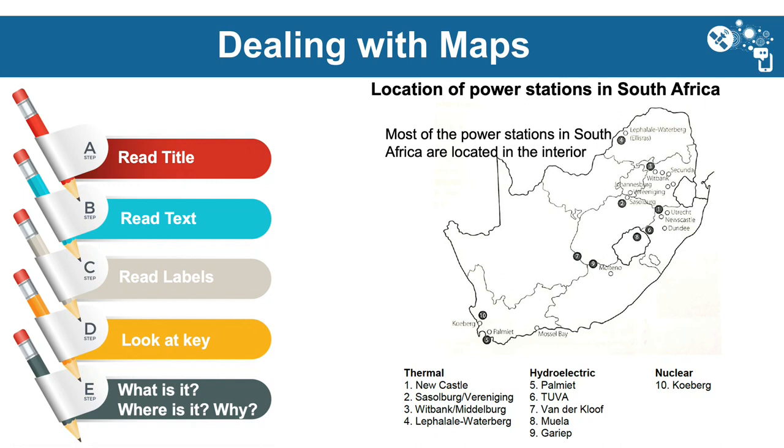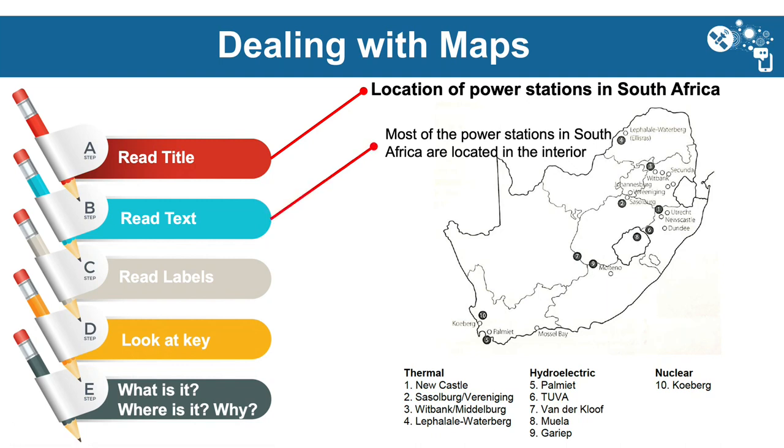Now, when it comes to maps, here's a map showing me the location of the power stations. That is the title. So it's showing me where the different types of power stations are found in South Africa. So immediately I know that we are looking at the section dealing with energy, with the production of electricity in South Africa. Read the text.